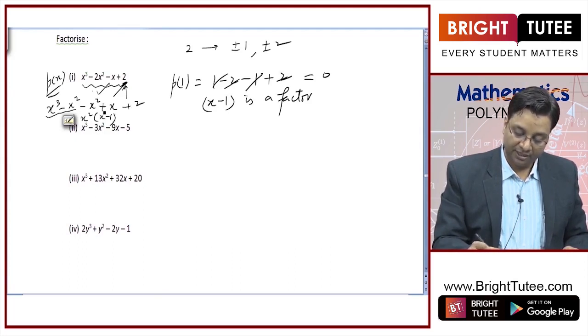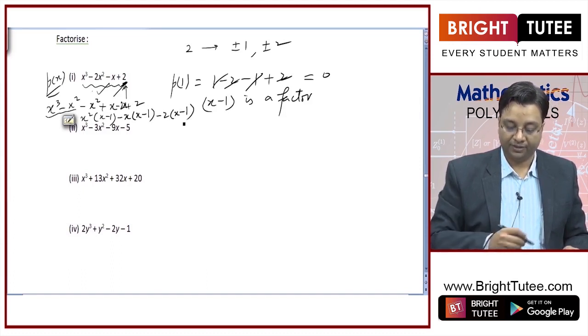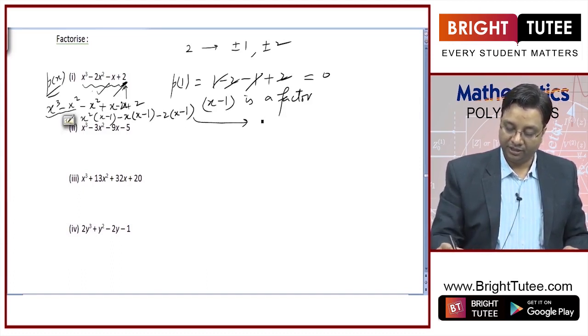I can write it as plus x minus 2x, right? So if I take minus x common from it, I'll have x minus 1, and if I take minus 2 common, x minus 1, right?